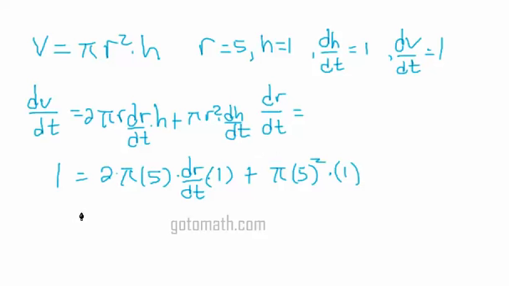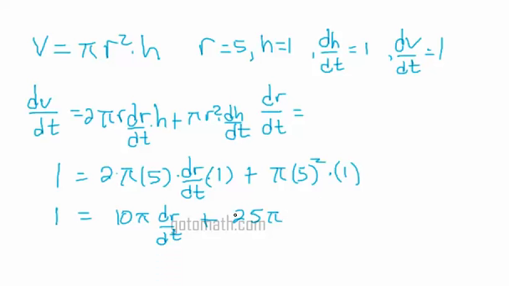So let's kind of simplify things down here. So we have 10 pi. Have you ever eaten a 10 pi? That might be tough to eat now. Okay. And then plus 25 pi, so that just becomes 25 pi. And then this is 1 right here.